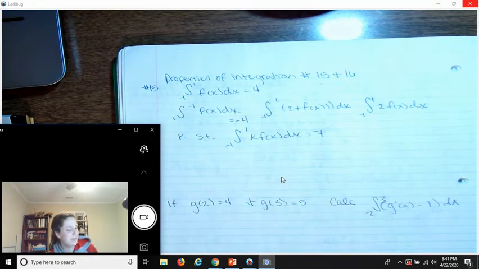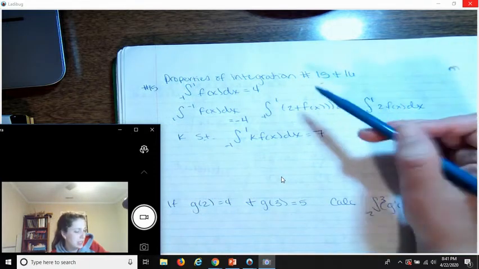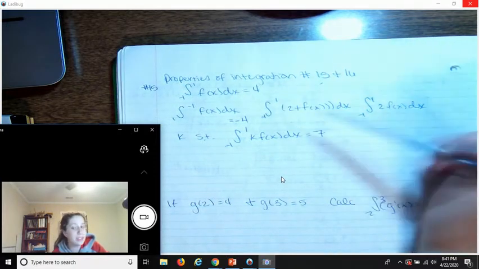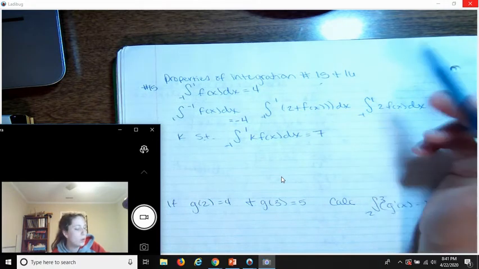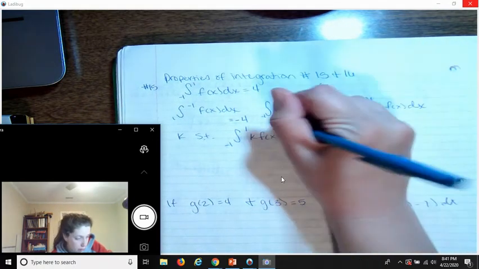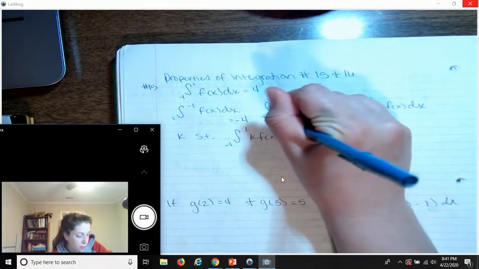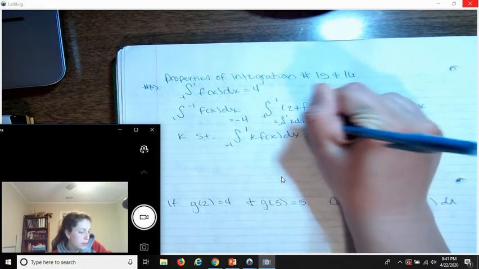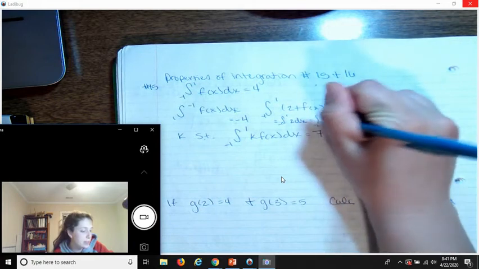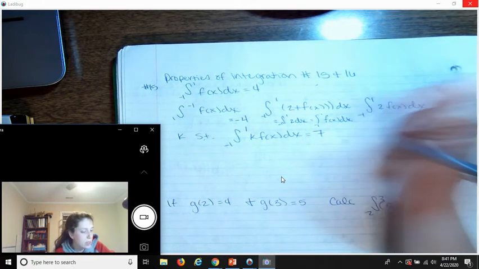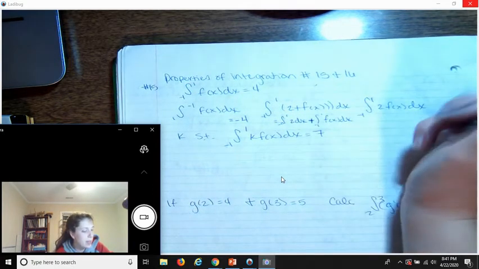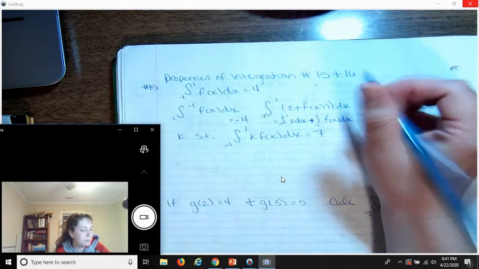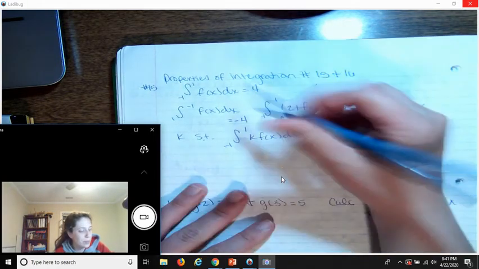And then here we have the same boundaries, but we have this extra 2. So we just want to integrate that piece. So we would have the integral from -1 to 1 of 2 dx plus the integral from -1 to 1 of f of x dx. Plus, not equals.